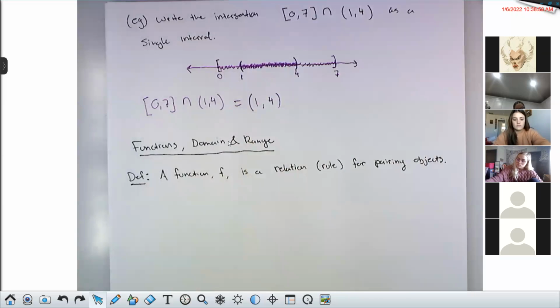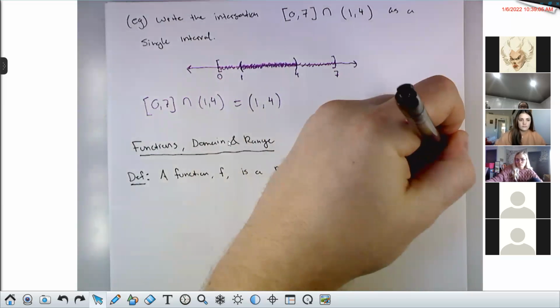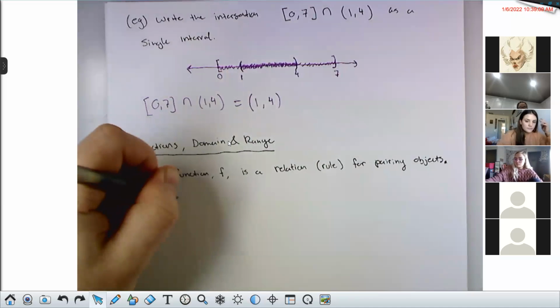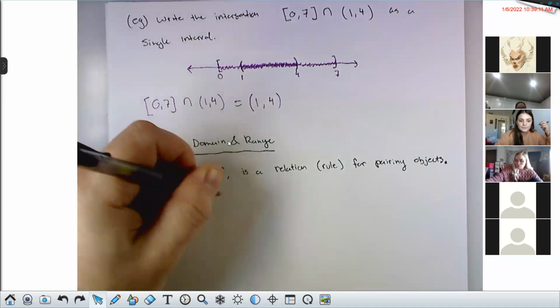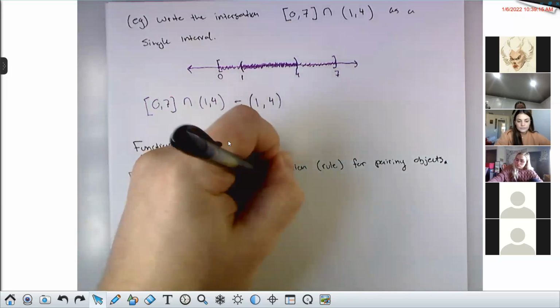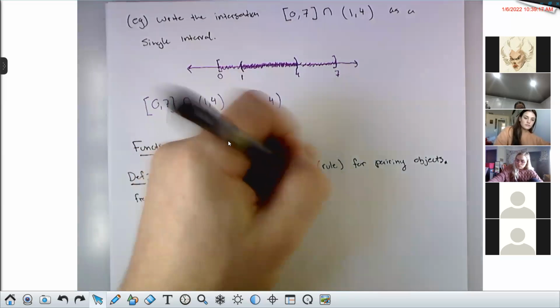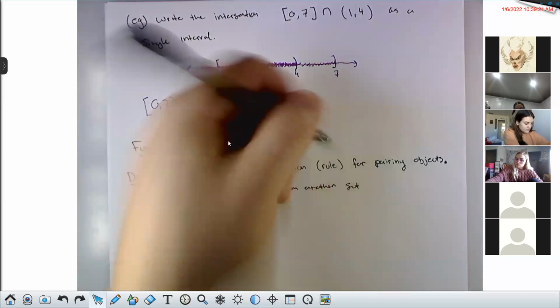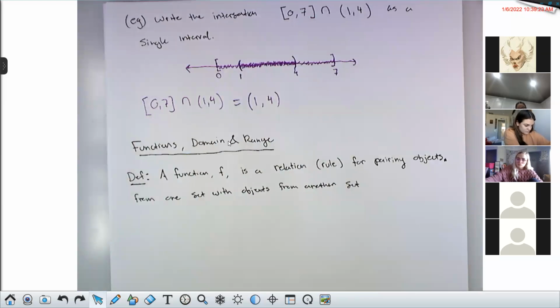So I have two sets, and what a function does is it pairs an object, let me make this more explicit, from one set with objects from another set. All right, and we're not quite done with this definition, so leave some space.